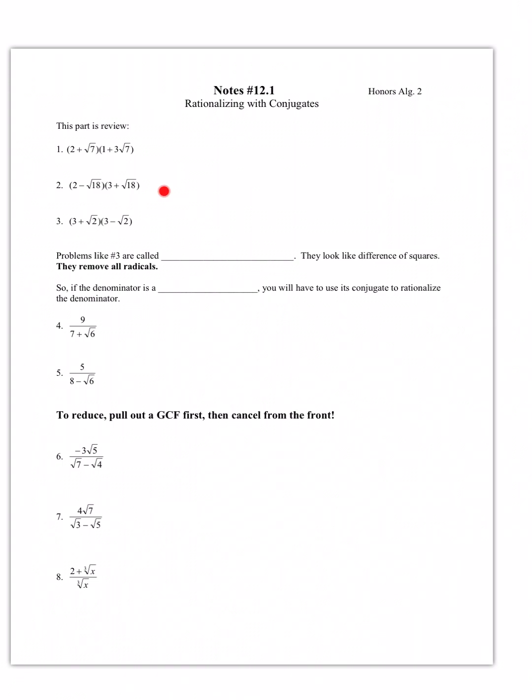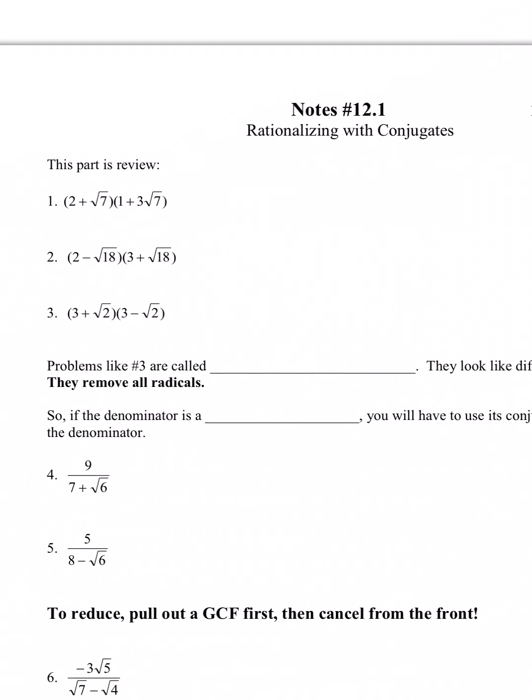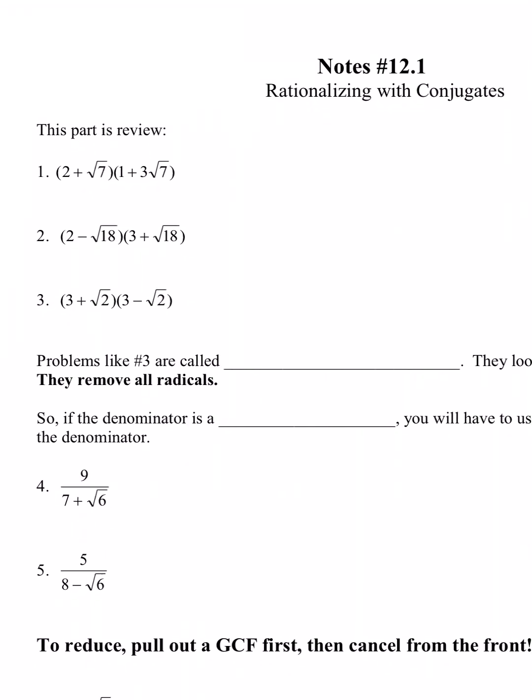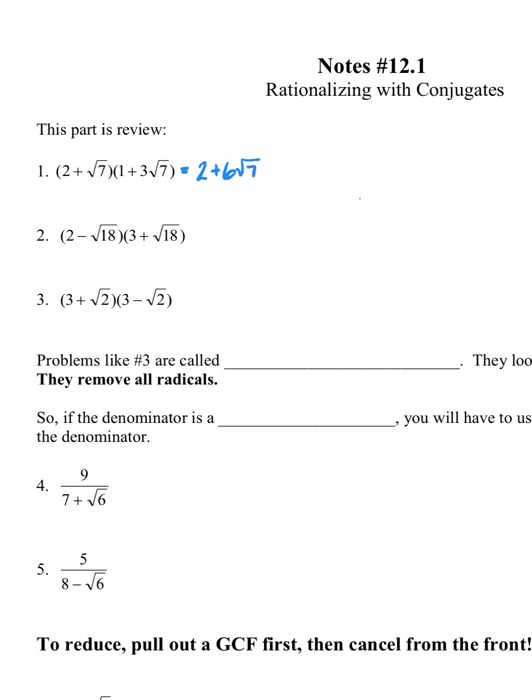All right, so this part here is just review. Let's look at this. 2 plus square root of 7 times 1 plus 3 square roots of 7. So let's just multiply those out. Let's do FOIL. When we FOIL this, we will get, first terms, I'll get a 2. Outer terms, I'll get a 6 square roots of 7.